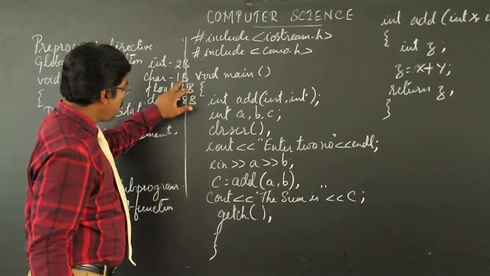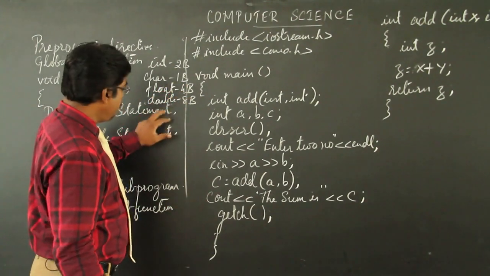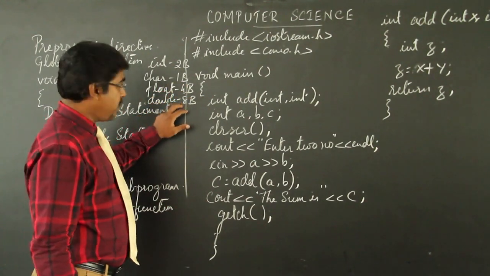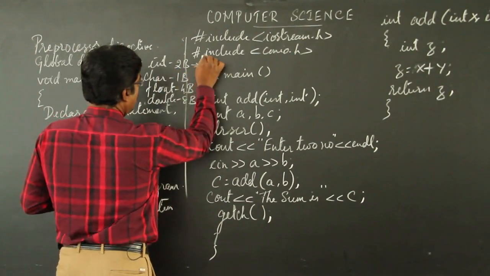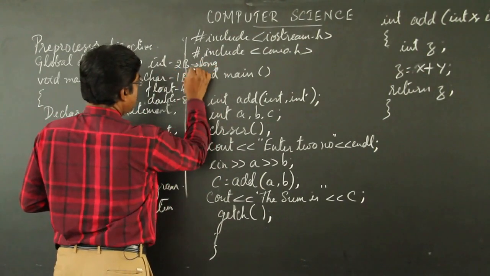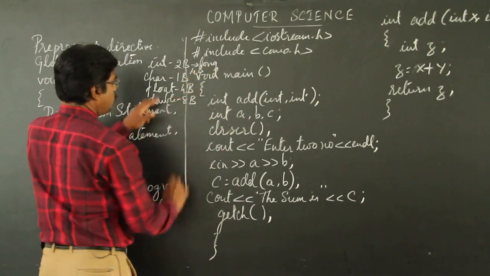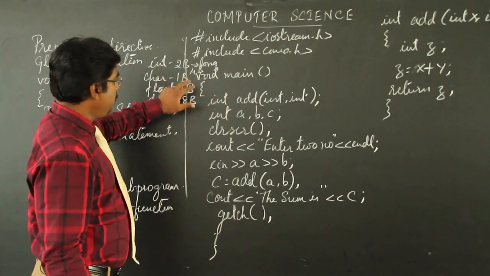When 4 bytes for float is not sufficient, we will be using double, which is 8 bytes. Likewise, we have a modifier for int called long, which takes 4 bytes. When 2 bytes is not sufficient for int, we will have 4 bytes.